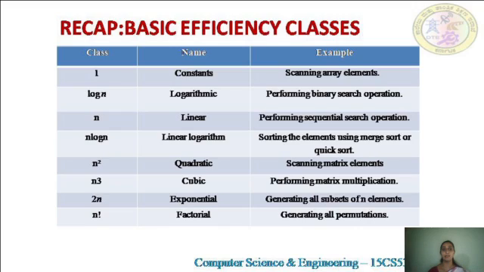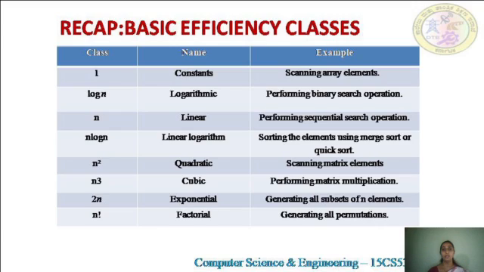Similarly, n log n, called linear logarithmic, is used to represent the performance of the merge sort and quick sort algorithms. N square, called quadratic, is used to represent matrix elements scanning.